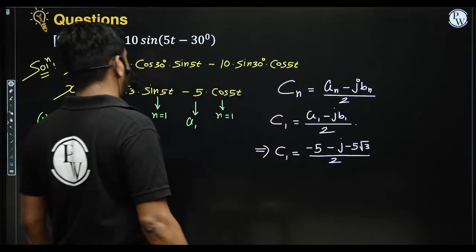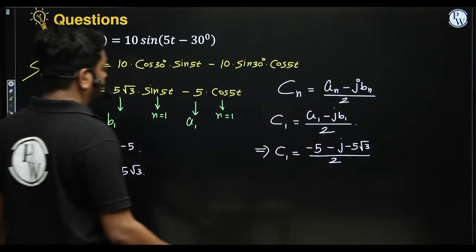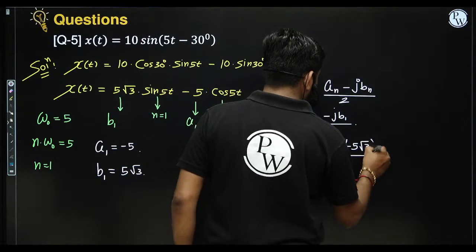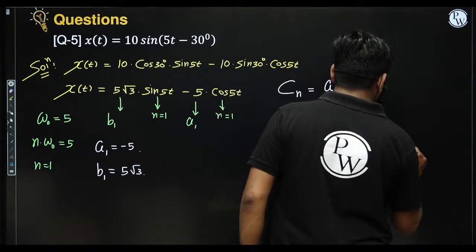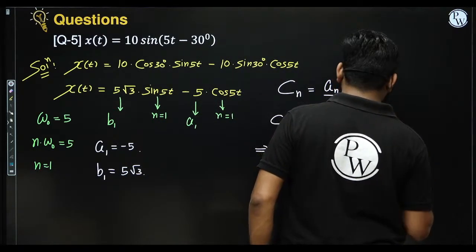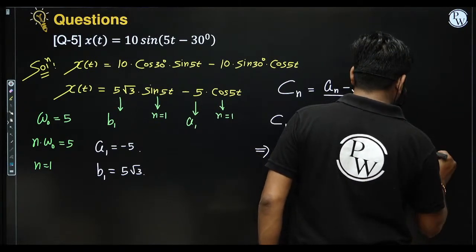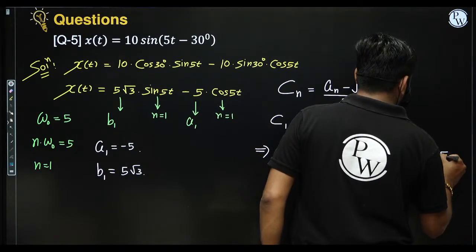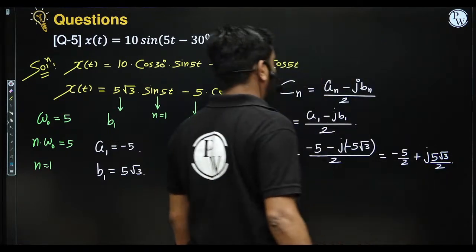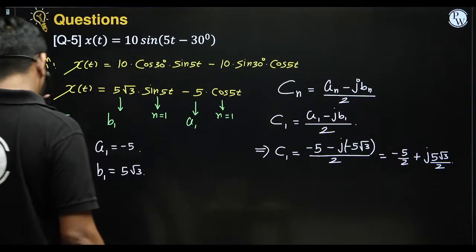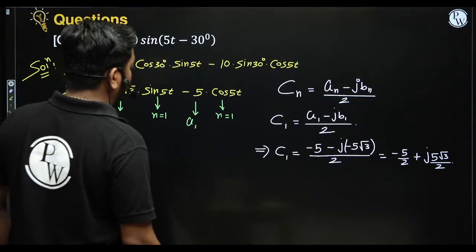So it is minus 5 by 2 plus j 5 root 3 by 2. Correct?